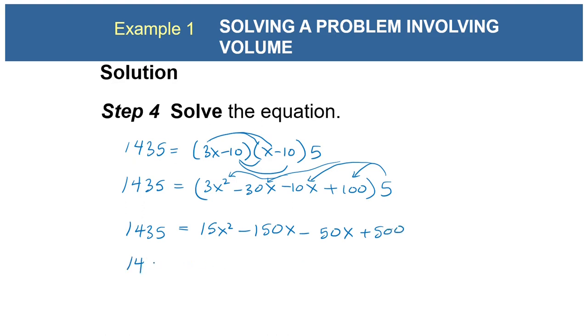You have 1,435 equals 15x squared minus 200x plus 500. Now this is an excellent start. We can solve this equation now by setting it equal to 0 and see if we can factor it or use the quadratic formula. So let's give that a try.